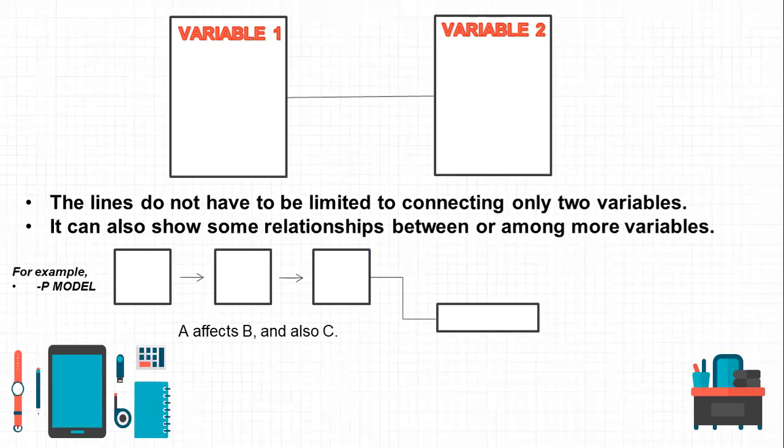The lines do not have to be limited to connecting only two variables. It can also show some relationships between or among more variables. For example, A affects B and also C.